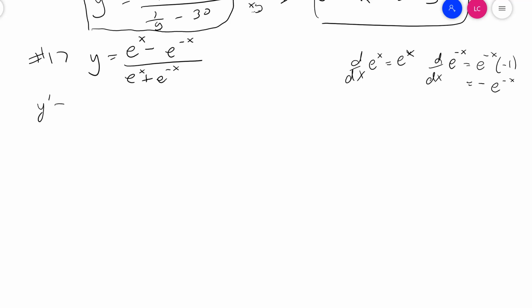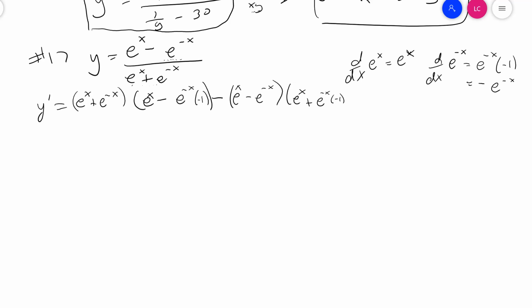So we're going to do quotient rule, right? So I have low d high. I'm taking the derivative, so I'm going to say subtract the derivative of this, which will be e to the negative x times negative 1, minus high d low, the derivative of the denominator, e to the x plus e to the negative x times negative 1.